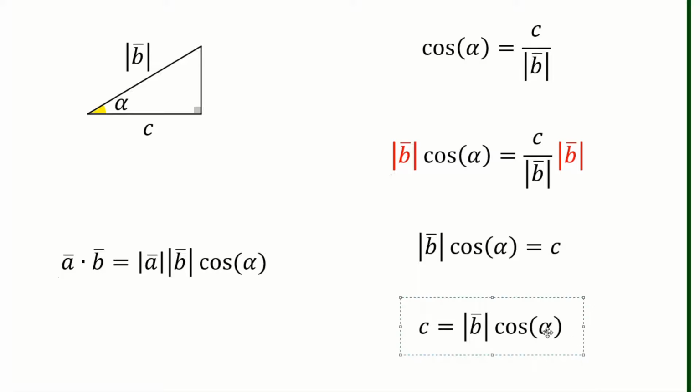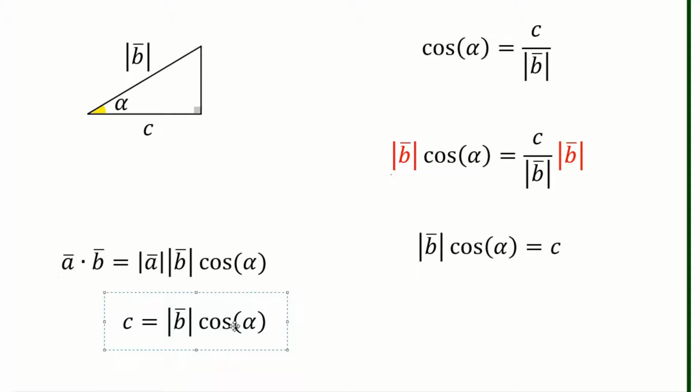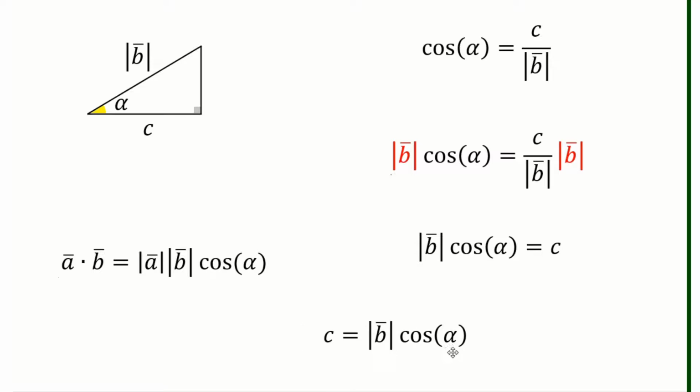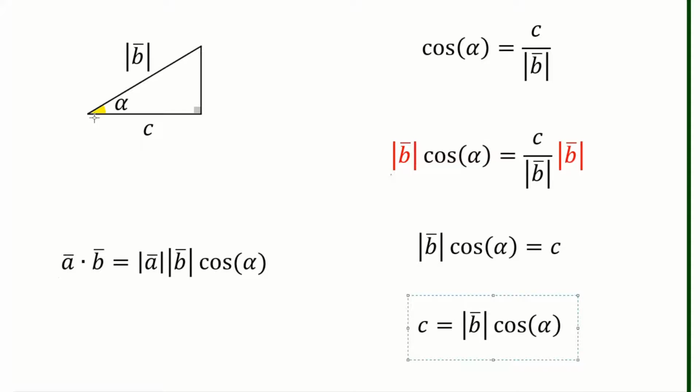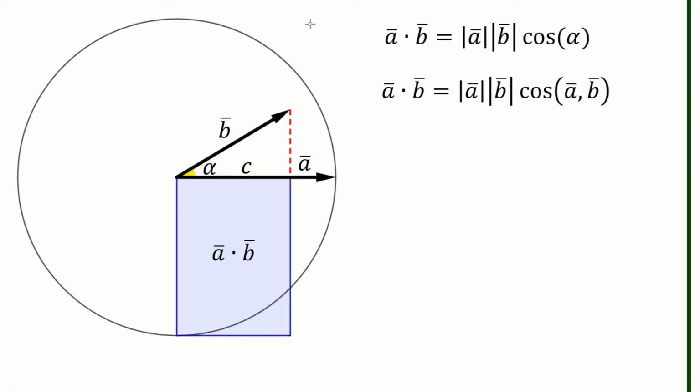Now, does this look kinda familiar? It looks like that C is this section here. This section here is calculating the value of C here. It means this length. In other words, C is the projection of vector B on the vector A. You can think about projection as if, let's say, for example, we have a sun here.